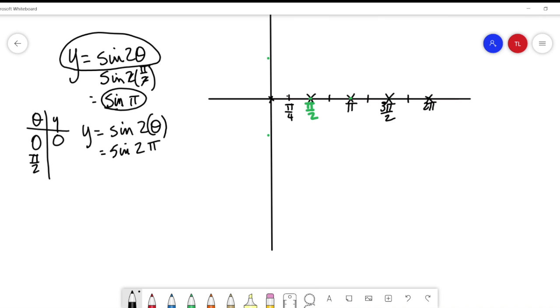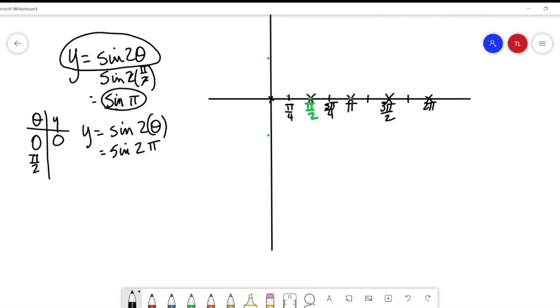Now, if you count just like I did a while ago with the 1, 2, 3, 4s, be sure that the bottom number is 4. So this is 2 pi over 4. Then this would be another pi over 4, that's 3 pi over 4.